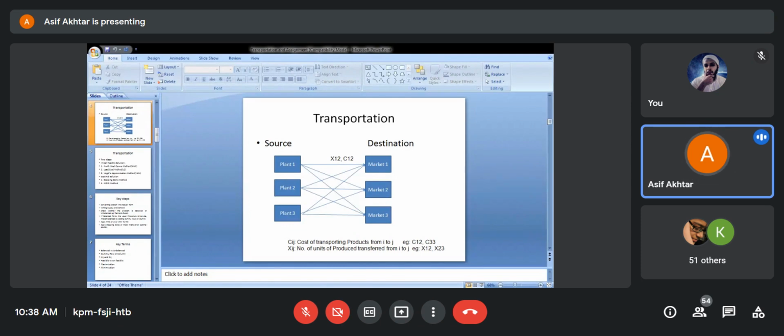Now the anatomy, the structure of the method, is that to determine the initial feasible solution, we have 3 different methods.